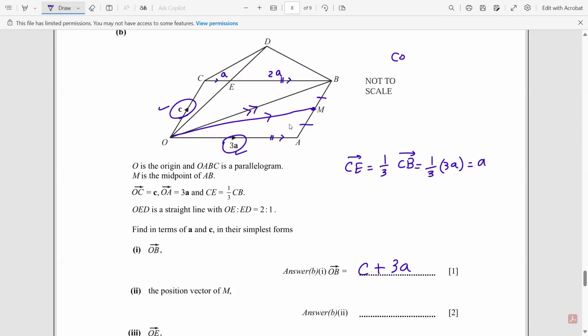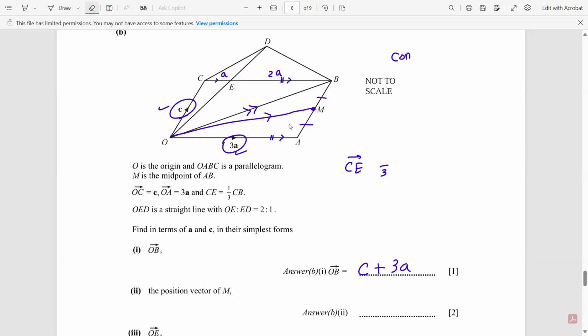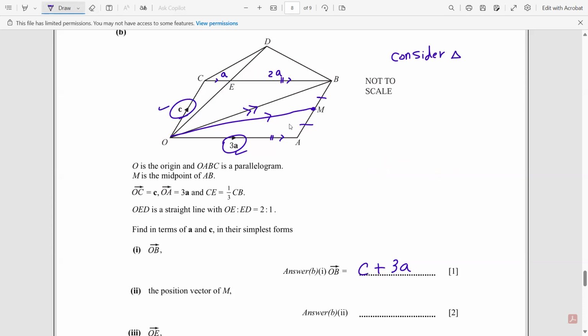Now consider, I can delete this part now, this is already done. I have a vector, consider triangle OAM. Look at this triangle. In this triangle, the vector OM is simply OA vector plus AM vector.